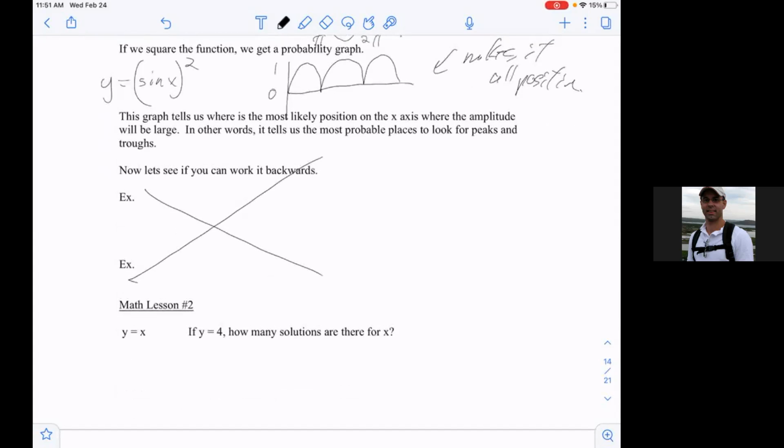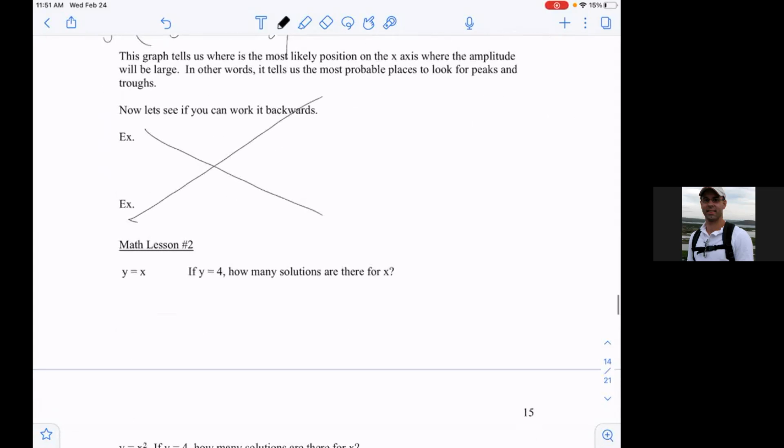The other thing I want to review with you is the difference between the value of an answer and how many answers or how many solutions. So if y equals x and y is 4, how many solutions are there for x? Anybody in the class want to take a crack at that one?